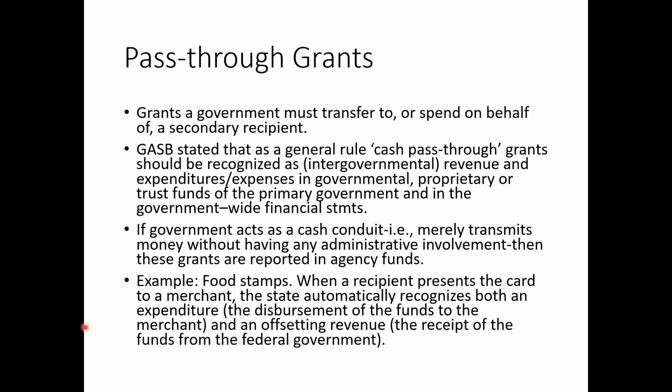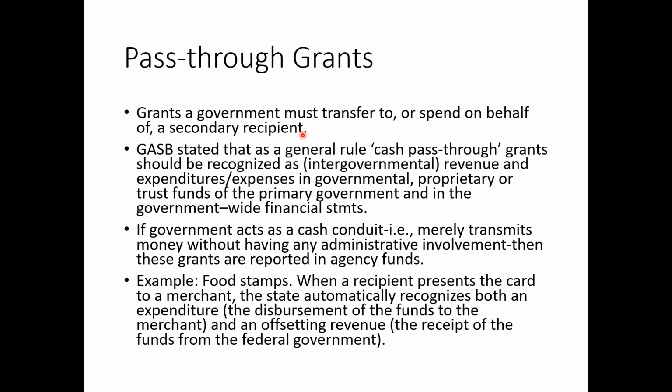Pass-through grants. Many times a government must transfer to, or spend on behalf of, a secondary recipient. For example, the federal government is going to give money to the state, but it's just for pass-through purposes because the money eventually will be transferred to a city.